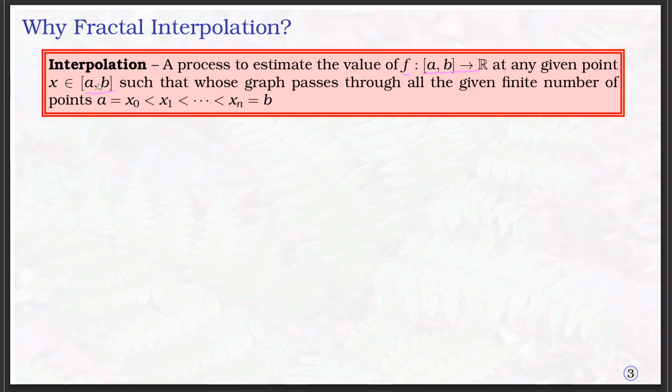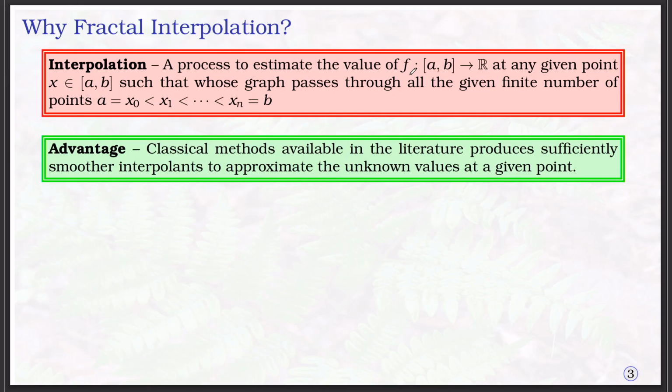This function f must pass through the given set of points. The advantage is that classical methods available in the literature produce sufficiently smooth interpolation to approximate the unknown values at a given set of points.